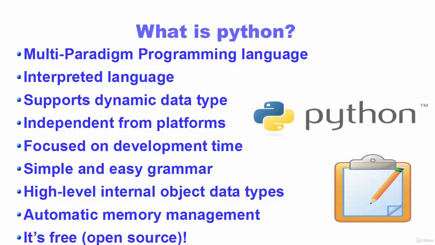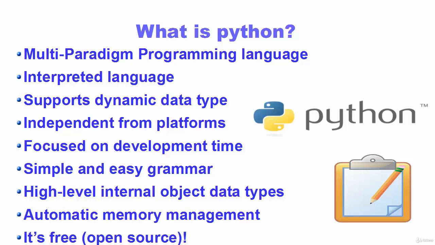So let's say you declare a variable x is equal to 9 in Python. Python will do its type checking at runtime, whether it's an integer or a string or a double value. All will be done at the runtime.